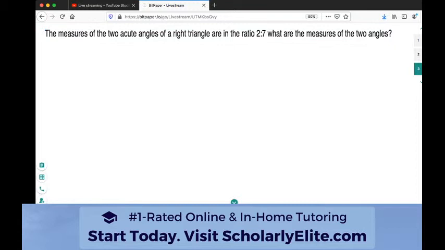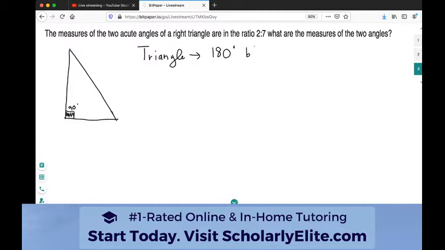So a right triangle, as we know, looks like this. It means that there's a 90-degree angle there. So that's 90 degrees. And I know that a triangle always is going to have 180 degrees between all three angles.